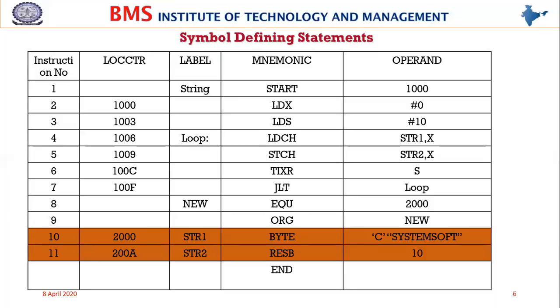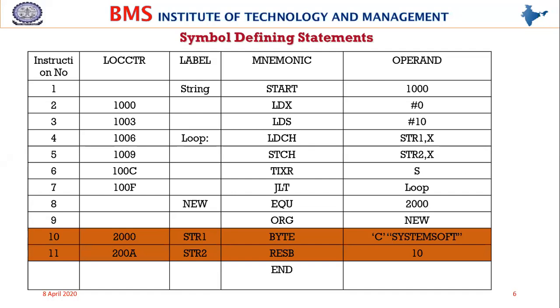See, the addresses are assigned consecutively from row 2 till row 7: 1000, 1003, 1006, 1009. Fine. And here at row 8, we are telling new EQU 2000. We are using an equating statement and assigning the value 2000 to the new user defined symbol, which is going to get an entry into the symbol table.